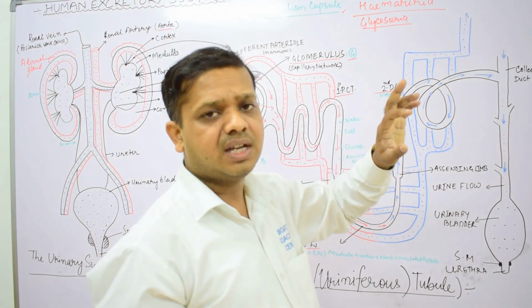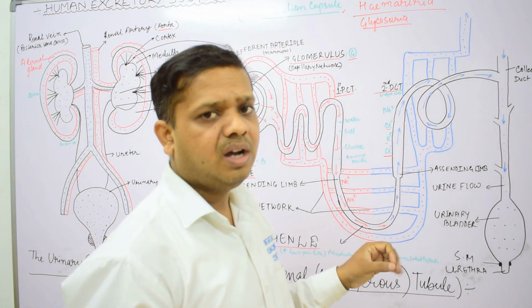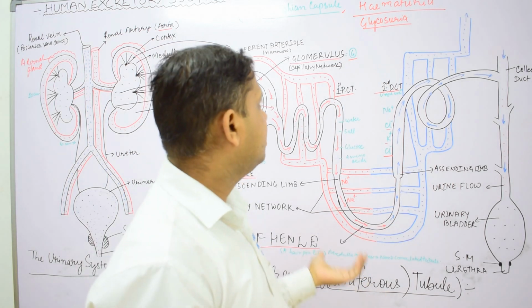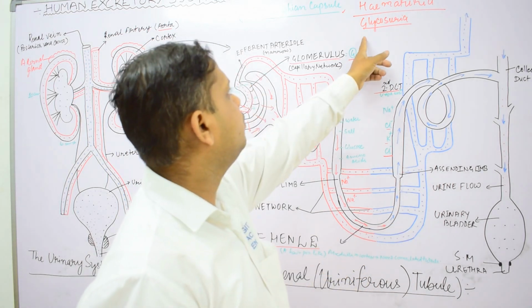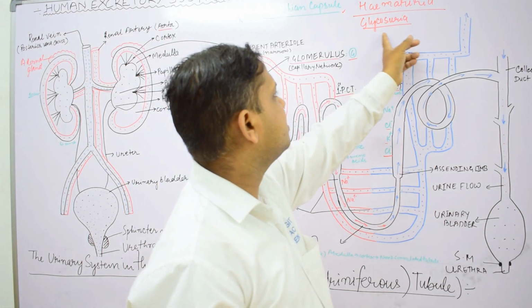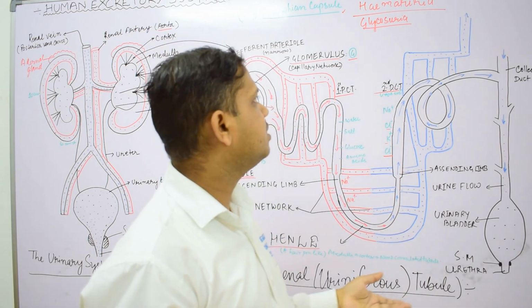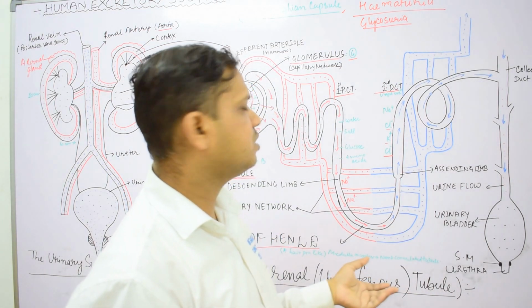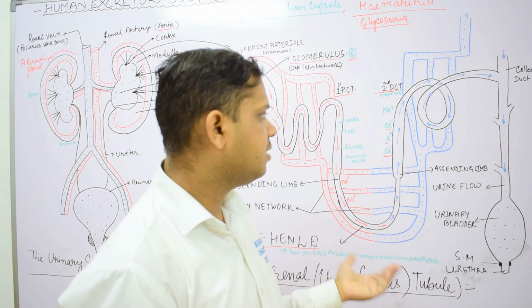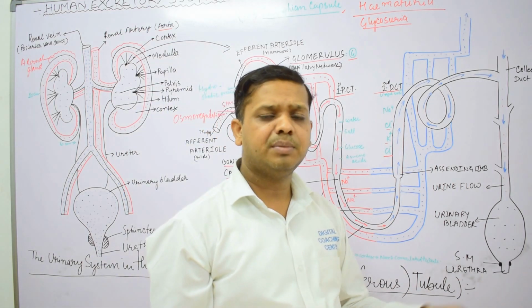If you have to test whether the patient has diabetes or not, you will go for a glycosuria test. Glycosuria means glucose in urine, and when you do a biochemistry test of the urine, if glucose is present, it means the patient is suffering from diabetes. The second test is blood sugar.